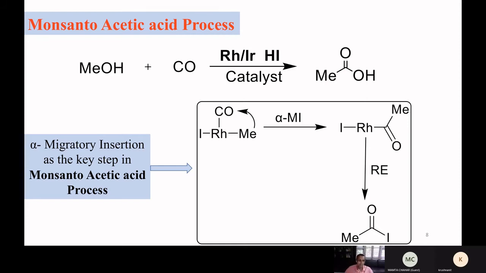Anyway, as you know, methanol is a very commodity material. A large quantity of methanol is available, and it can be generated from carbon dioxide, for example, or many other sources that we may or may not discuss in this course. But methanol, which comes from industry in large quantity, is a simple chemical, and putting it along with carbon monoxide, we get acetic acid.